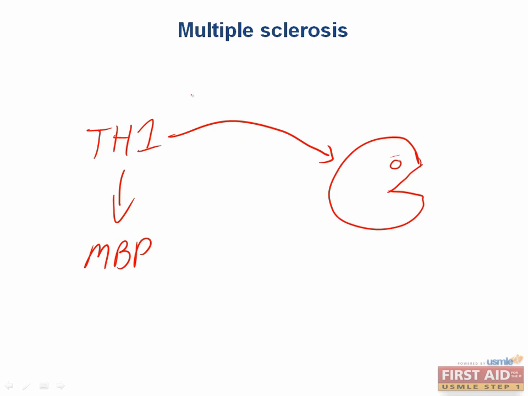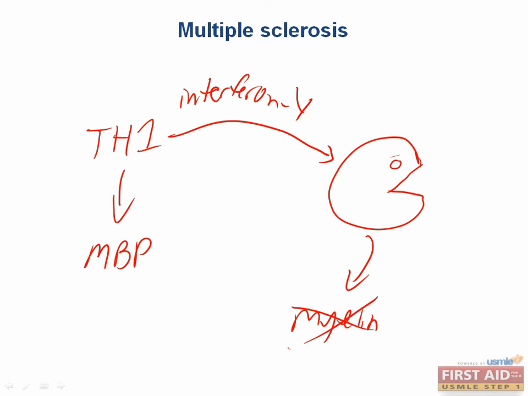That causes them to secrete interferon gamma, which activates macrophages, which in turn would destroy your myelin. Now, if you think back to immunology, what type of autoimmune reaction does this sound like? Well, this is your classic type 4 hypersensitivity reaction.